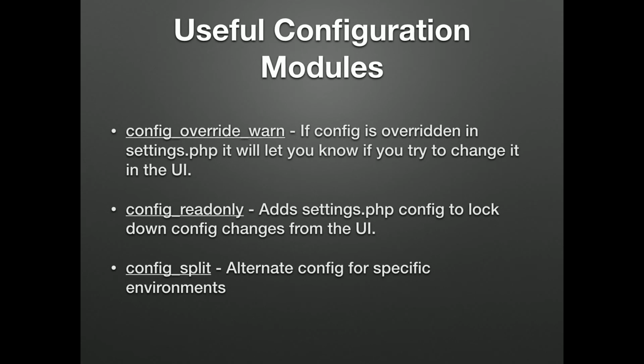Then there's configuration split. This allows you to break up your configuration when you import it. It depends on the configuration filter module, which allows you to split your configuration when you're importing it, so that when you're in a certain environment, you can import configuration from this folder.